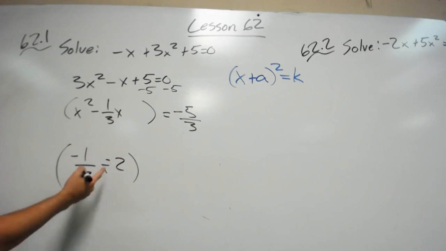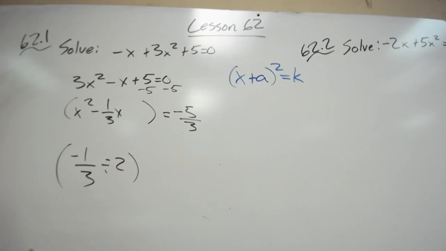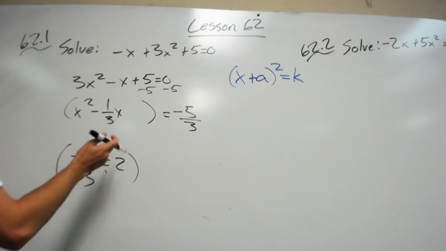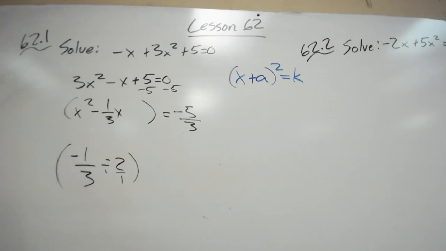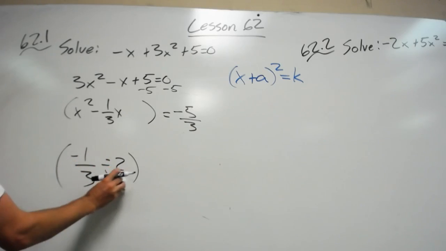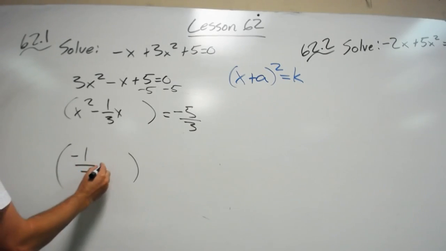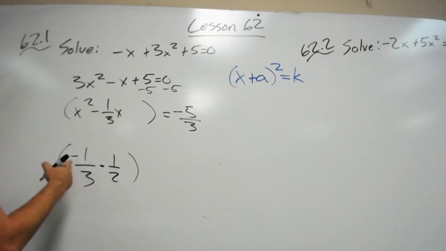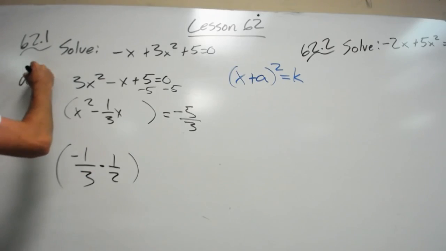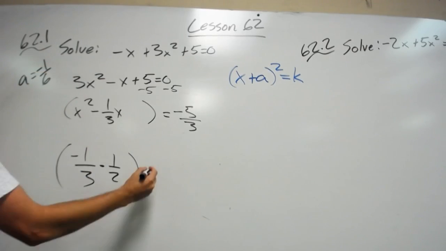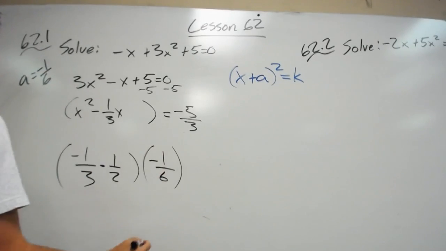Well, when we divide a fraction by 2, we have to multiply by the reciprocal. So this 2 over 1 becomes 1 over 2. And when we multiply negative 1 times 1 over 3 times 2, we get a equals negative 1/6.